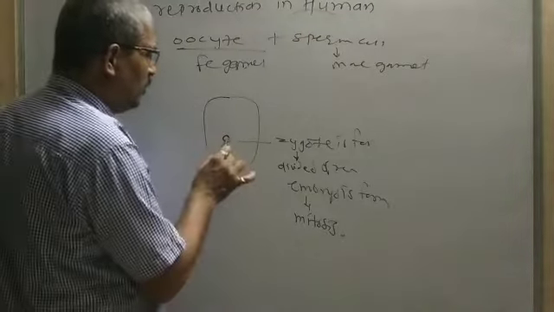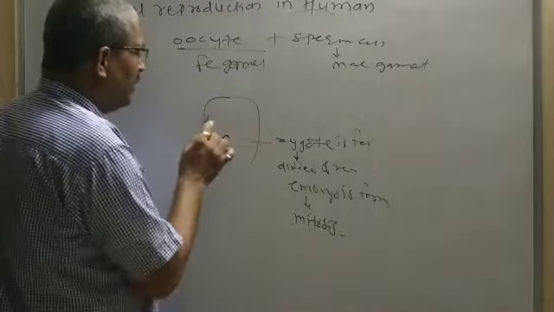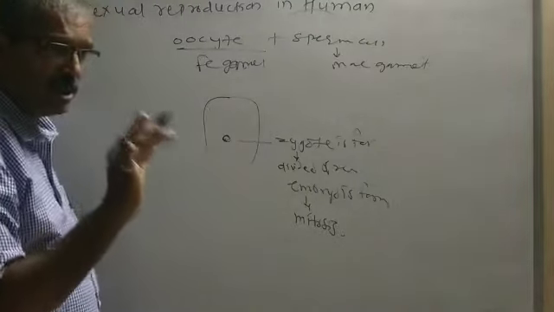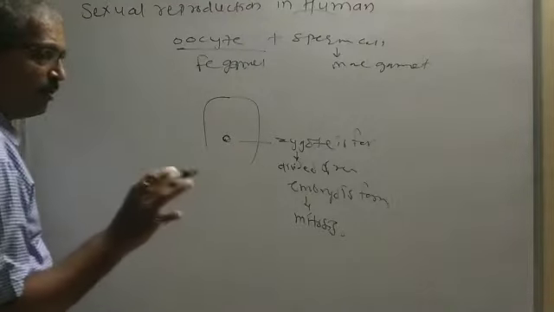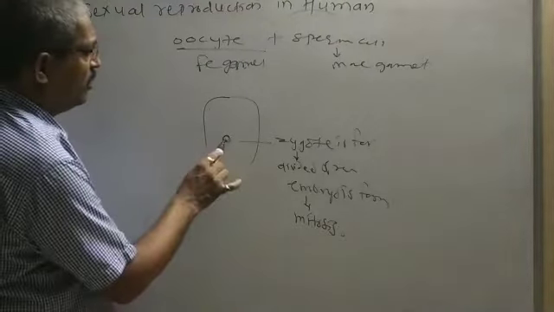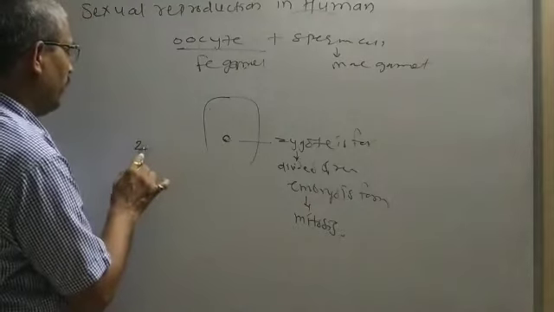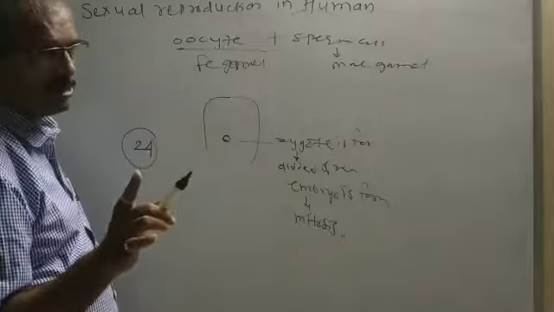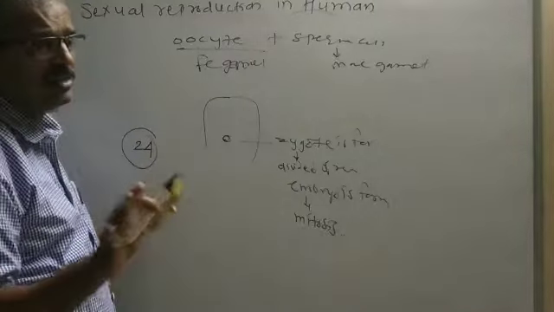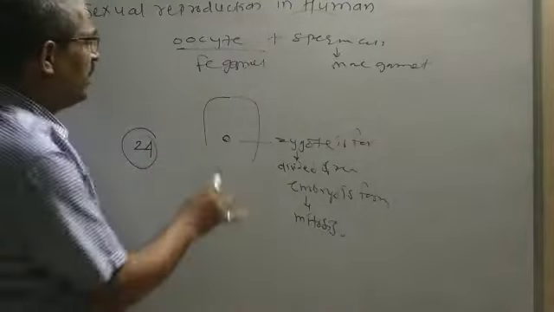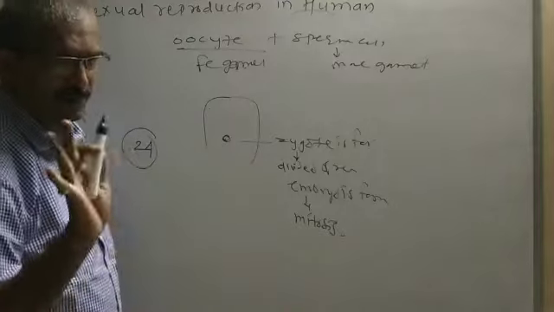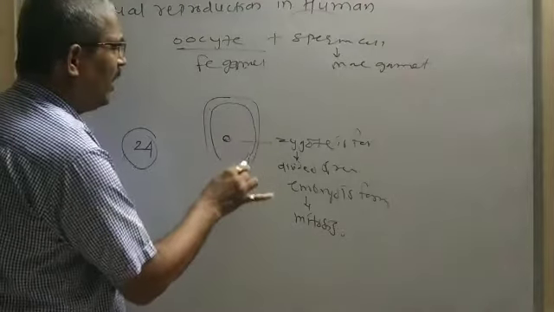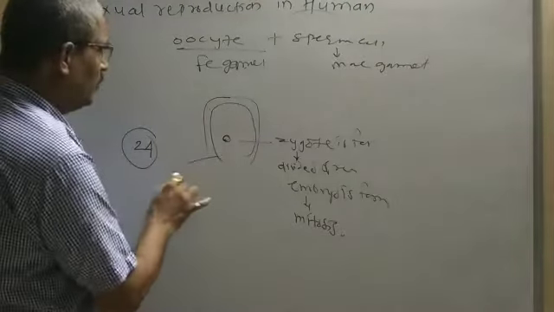When the oocyte comes into the uterus, it should be fertilized within 24 hours. If it is not fertilized within 24 hours, it becomes inactive. The endometrium layer starts to degenerate.